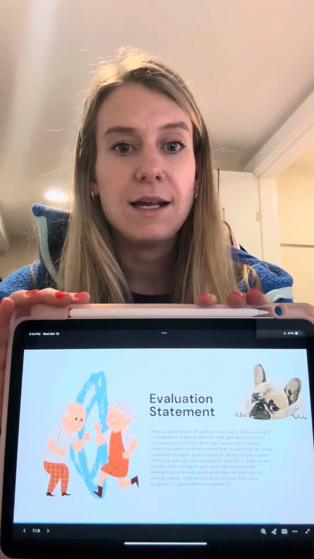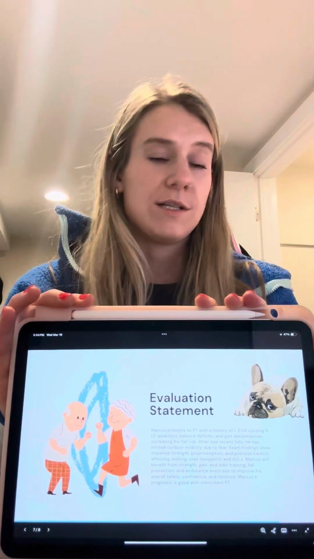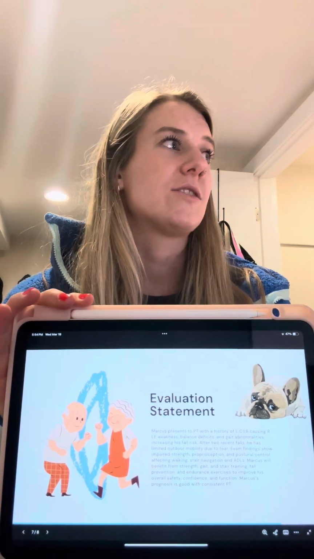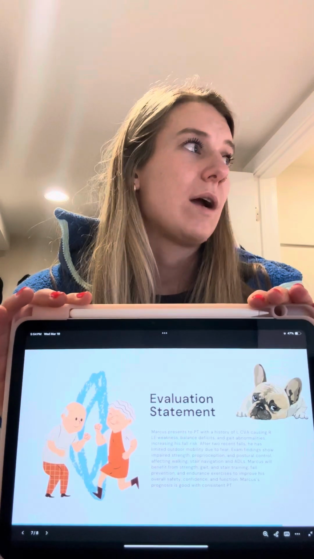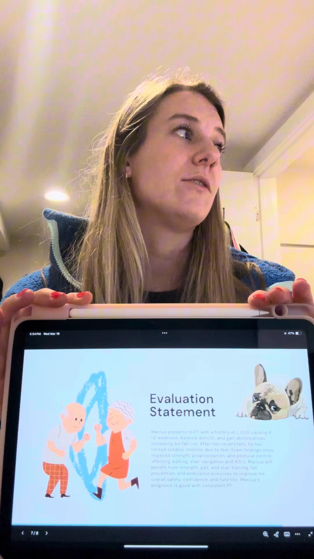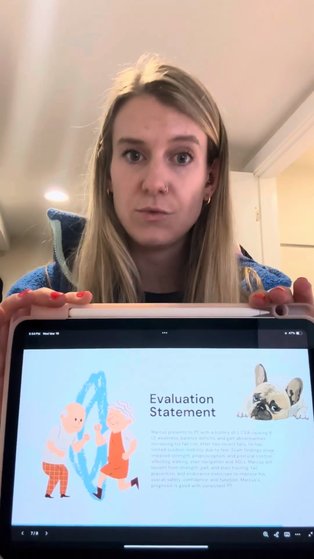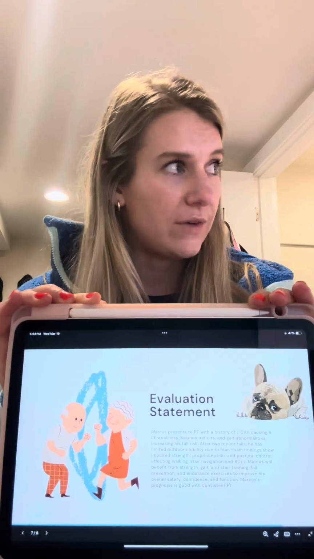And then lastly, my PT evaluation statement for Marcus is: Marcus presents to PT with a history of a left cerebrovascular accident causing right lower extremity weakness, balance deficits, and gait abnormalities, increasing his fall risk. After 2 recent falls, he has limited outdoor mobility due to his fear.